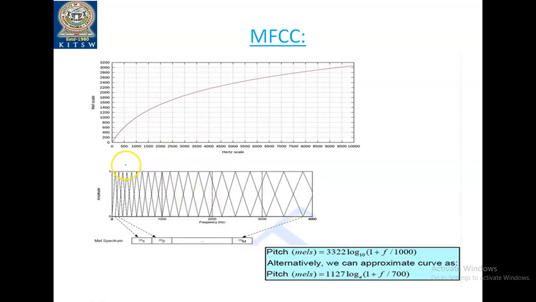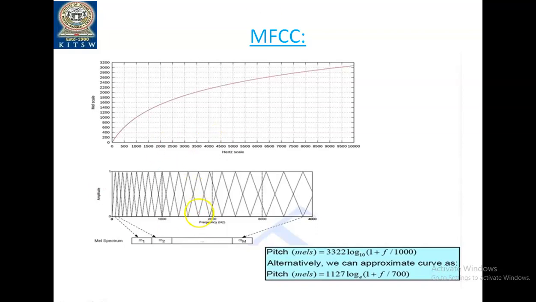Okay. Now what you need to understand here is the Mel scale, covering frequencies from 0 to 10,000 hertz. Whatever speech signal you consider, you apply the DFT and get the frequency spectrum, and then that is multiplied with this Mel scale.